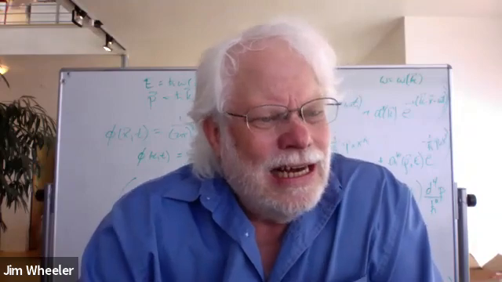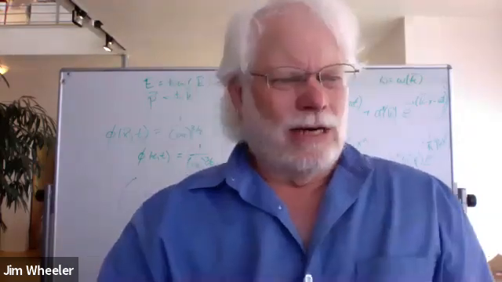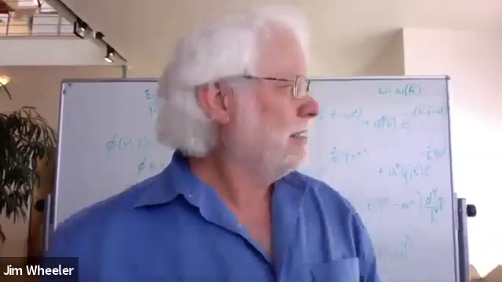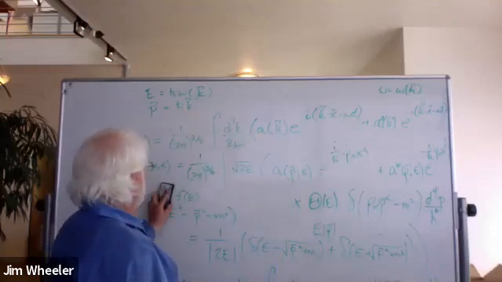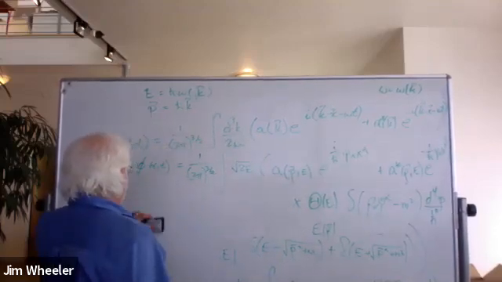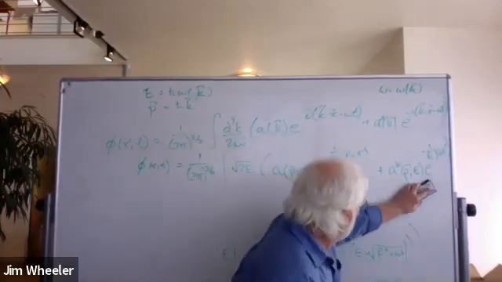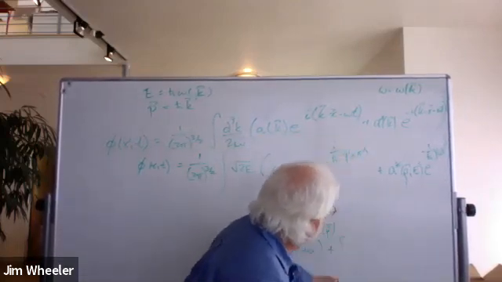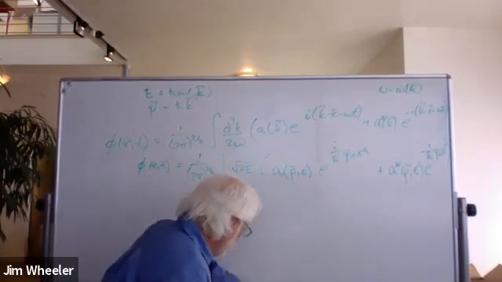So the other thing we need before we can quantize is the momentum. But the momentum is just phi dot. And phi dot, having both of these is what enables us to solve.